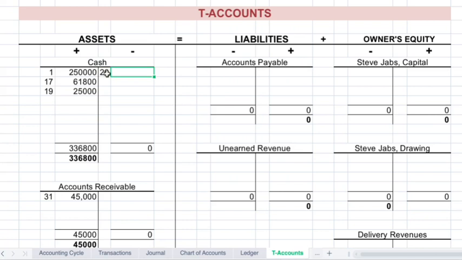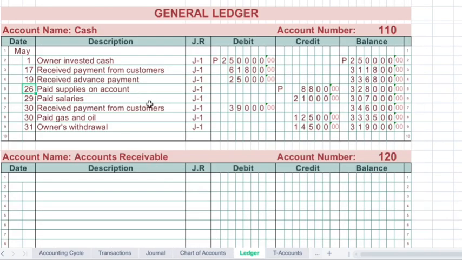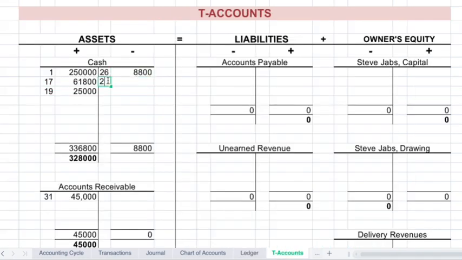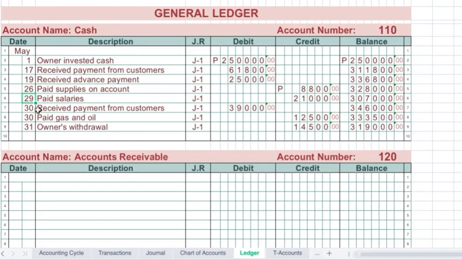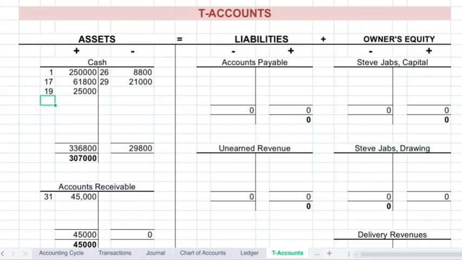Okay, so lalagyan natin yun sa credit side. May 29, 21,000 credit. Okay. Then, May 30, 39,000 debit.